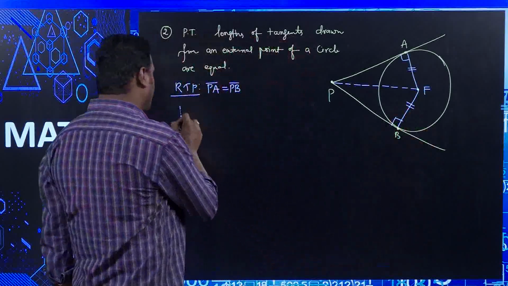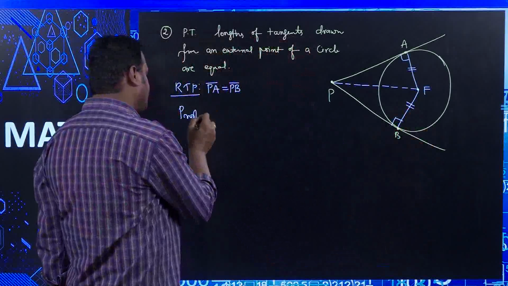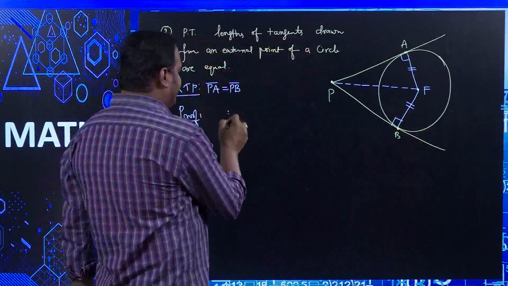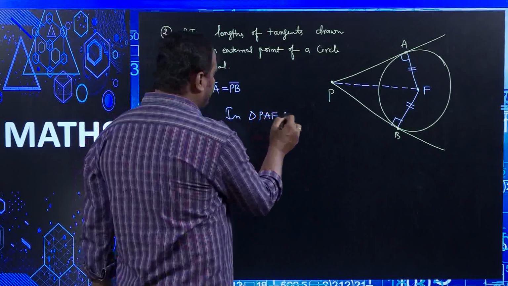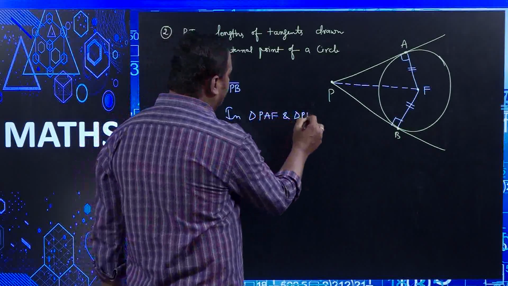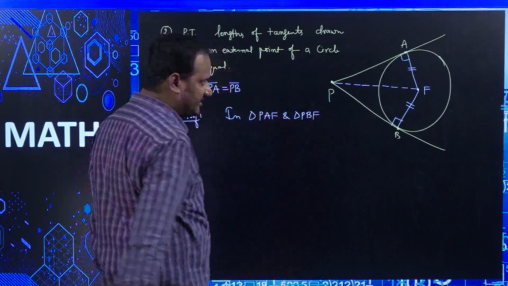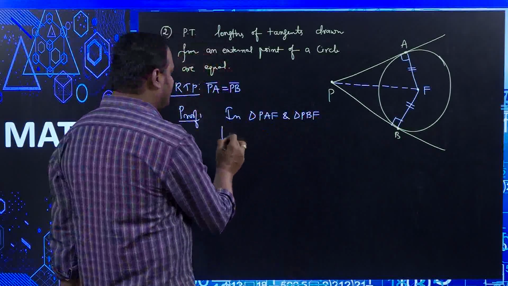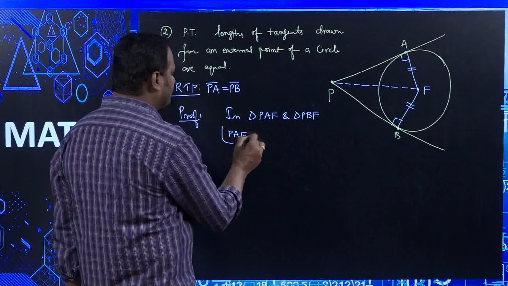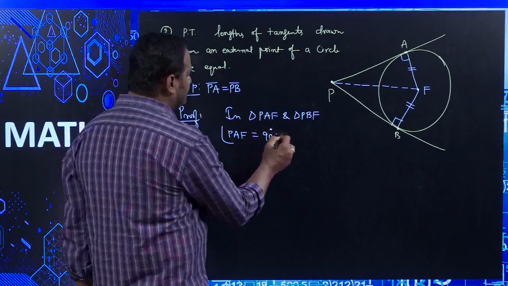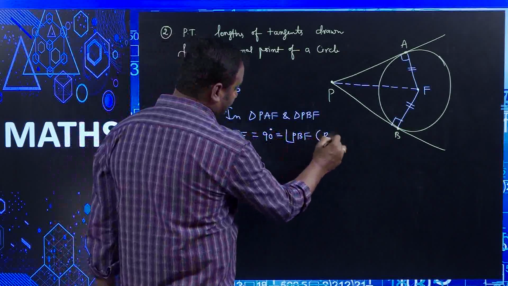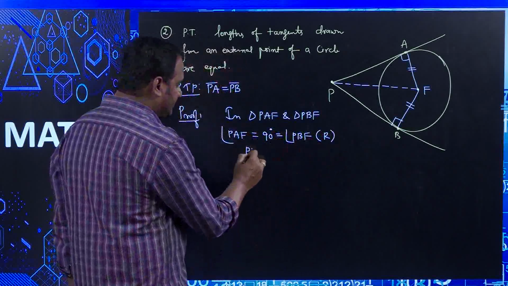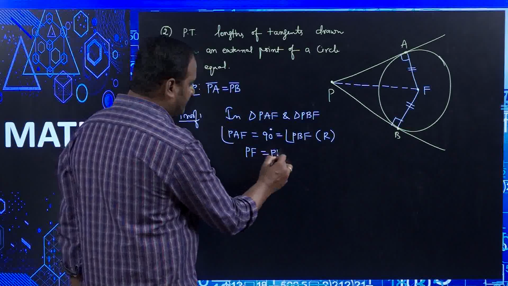So here we write, in triangle PAF and triangle PBF, in these two triangles, angle PAF is equal to 90 degrees, which is equal to angle PBF, so that is the right angle. PF is equal to PF, that is the common hypotenuse.